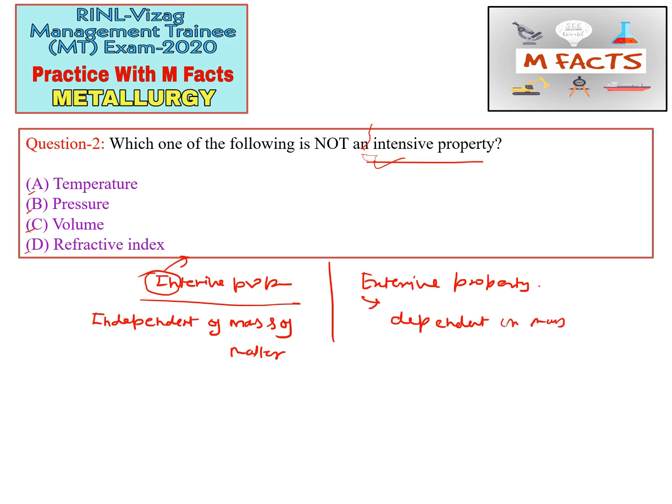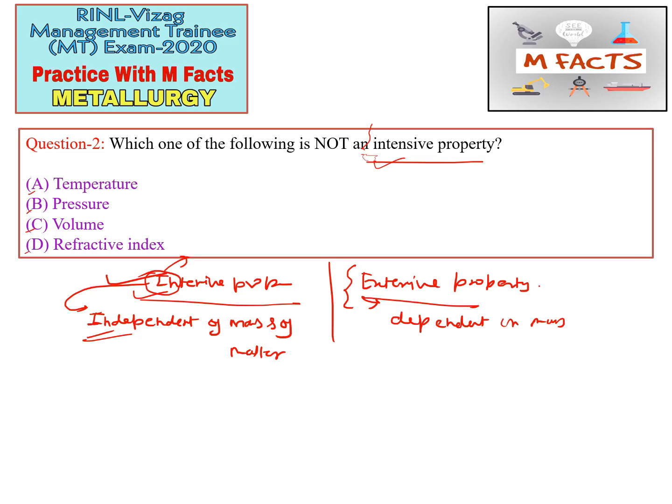If we remember that intensive property starts with "in", independent of mass, we do not need to remember extensive property. I always remember that intensive means independent, so this is independent of the mass.